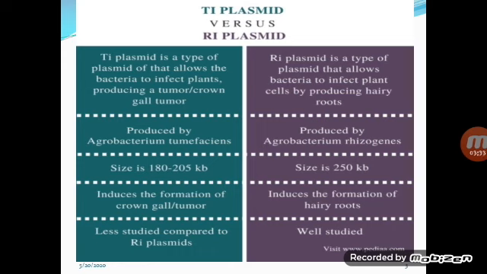And if we talk about the sizes of these two plasmids, Ri plasmid has a bigger size as compared to Ti plasmid. Ti plasmid size range is 180 to 205 kb, while Ri plasmid has a size of 250 kb.